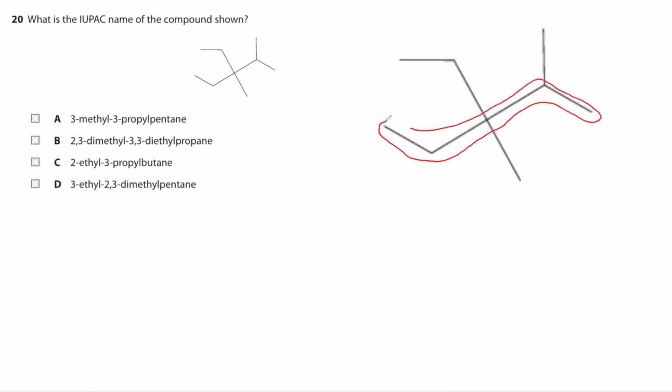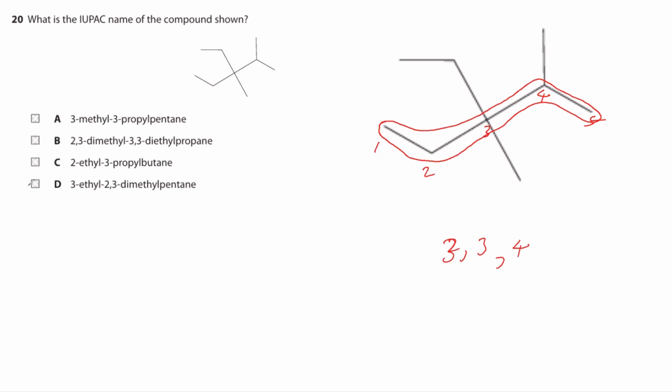Then number the longest carbon chain so that attached groups get the least numbers. If I number it from this side, 1 2 3, at the third carbon there are 2 attached groups, so 3 and 3, then 4 5, and at the fourth carbon there's another attached group.